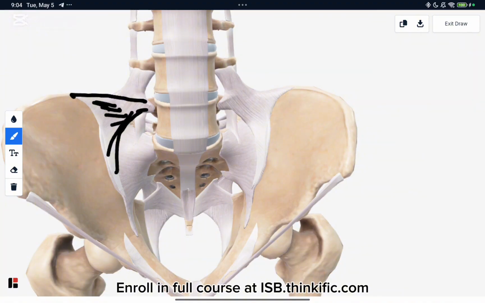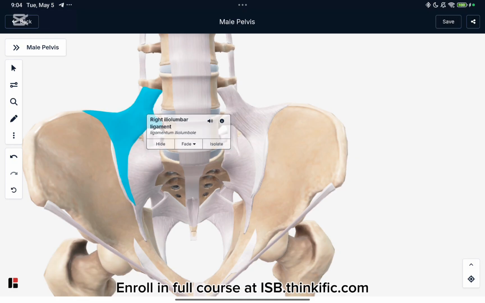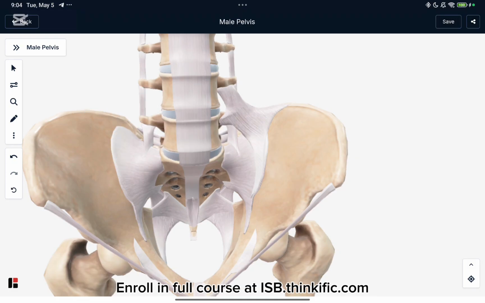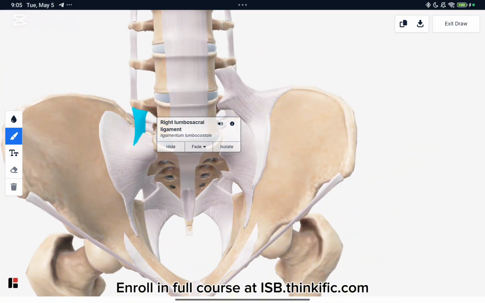There's yet another ligament. For us to see it, we have to remove the iliolumbar. Here, this tiny other ligament also comes from the transverse process of L5, but it attaches to the superior aspect of the sacrum. It's called the lumbosacral ligament.